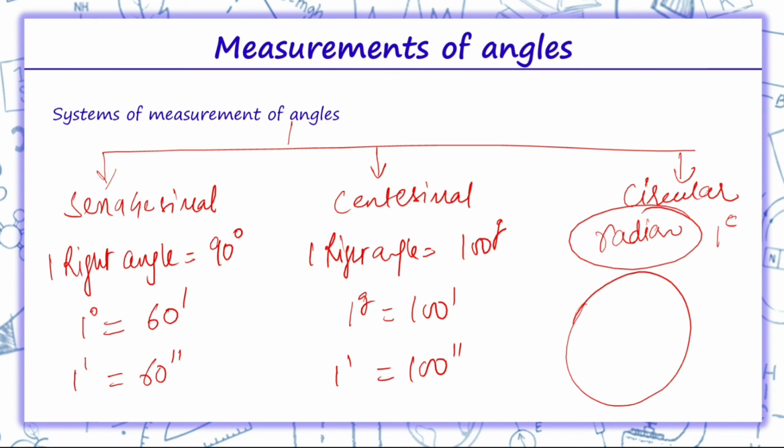One radian is the angle subtended at the center of a circle by an arc of length equal to the radius of the circle. Let us suppose the points are A, O and P. So, AOP is 1 radian.